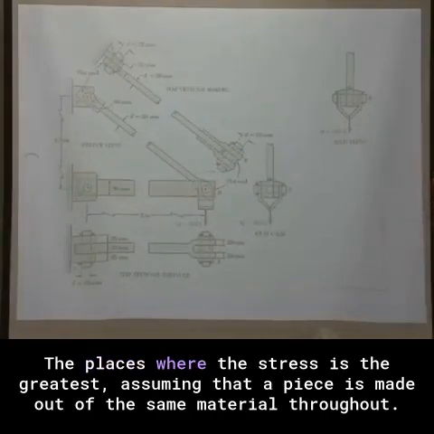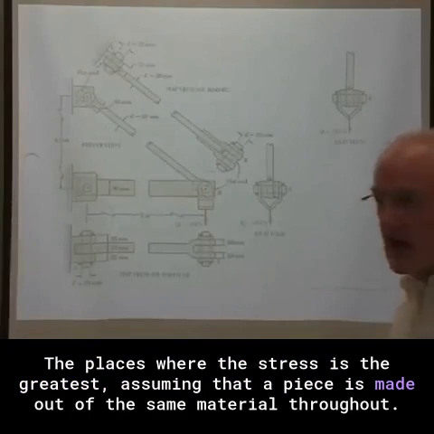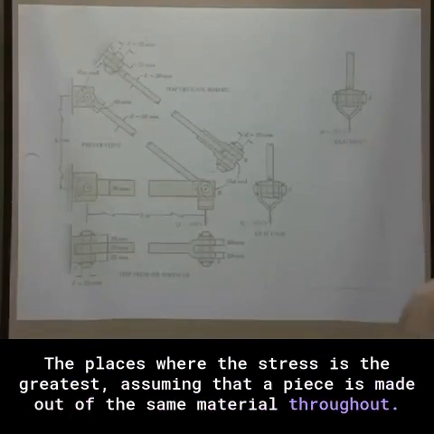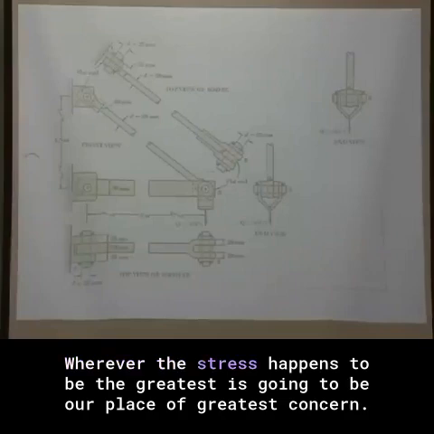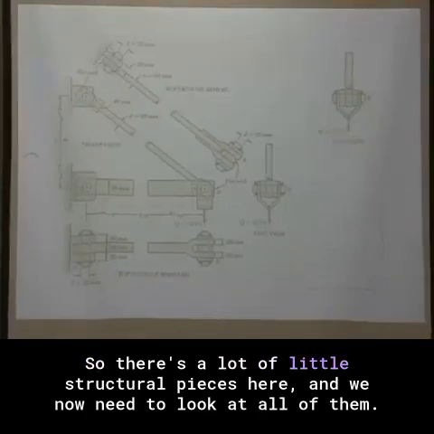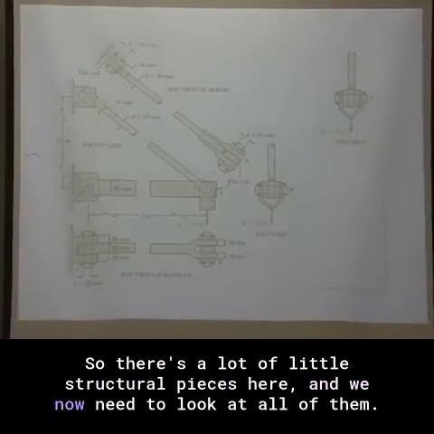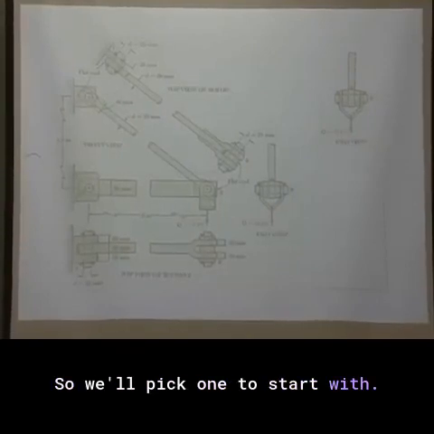The places where the stress is the greatest, assuming that a piece is made out of the same material throughout, wherever the stress happens to be the greatest is going to be our place of greatest concern. So there's a lot of little structural pieces here, and we now need to look at all of them. So we'll pick one to start with.